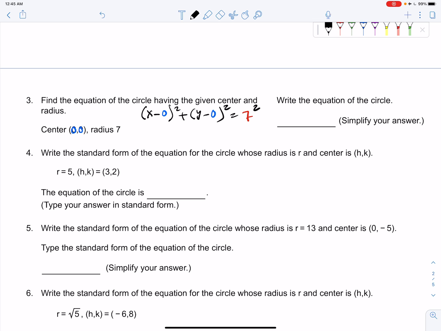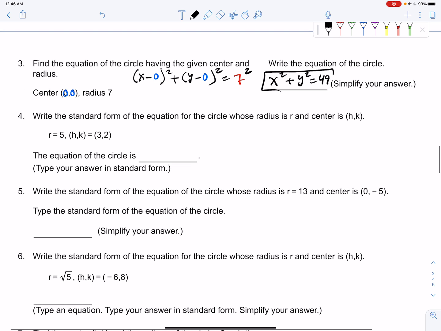Subtracting out 0 is not necessary to have in our final answer. So my equation simplified would just be x squared plus y squared equals 49. Whenever you have x squared plus y squared equals, that's going to be a circle centered at the origin, 0, 0.